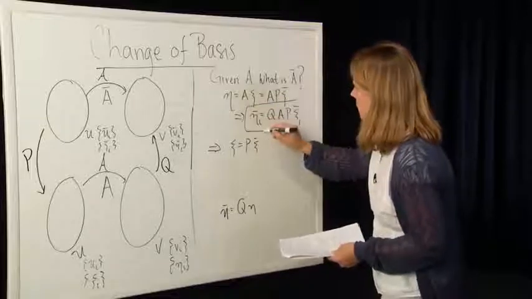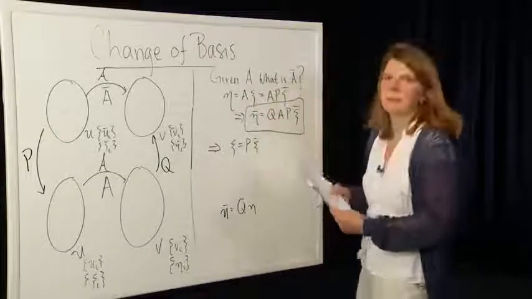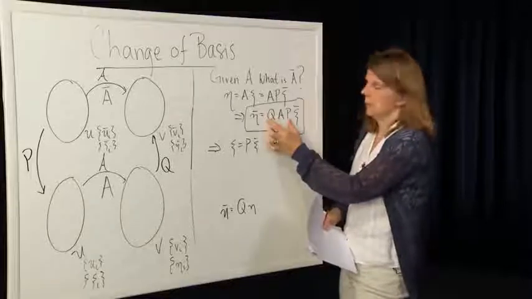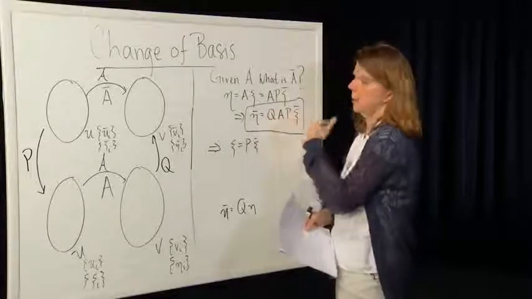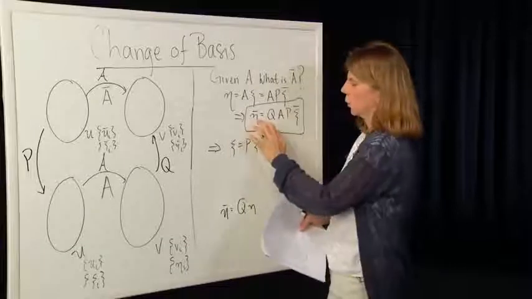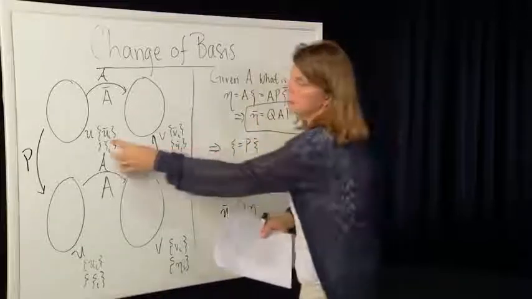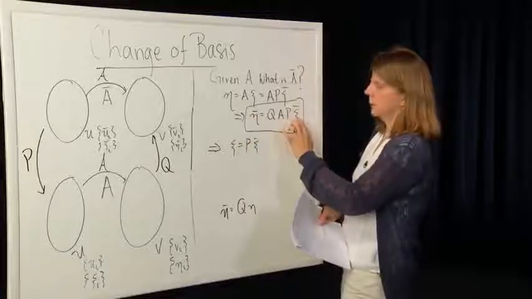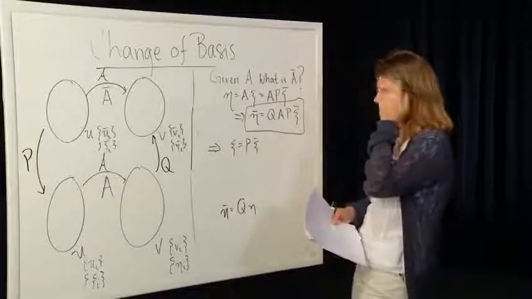And so this here describes the matrix representation of the map A with respect to bases U bar and V bar, with coordinates xi bar and eta bar respectively.